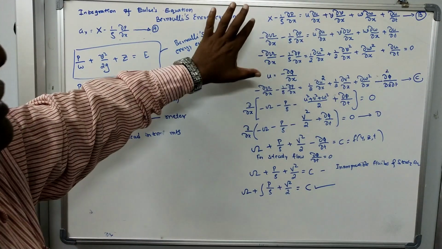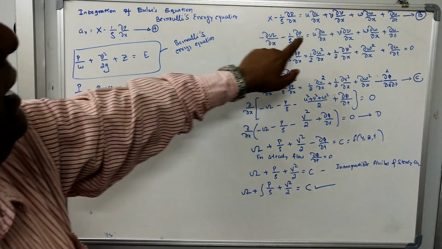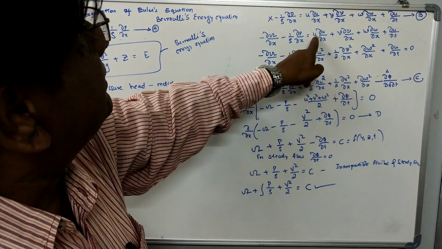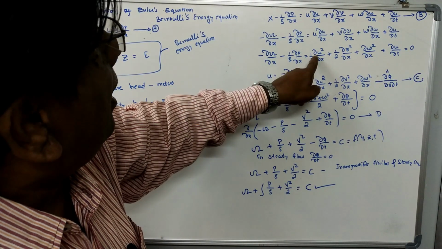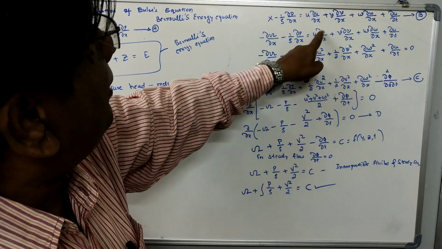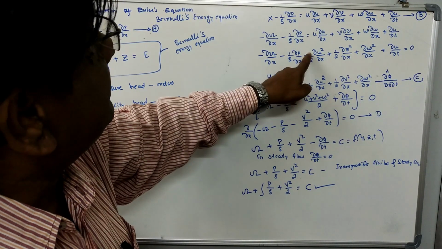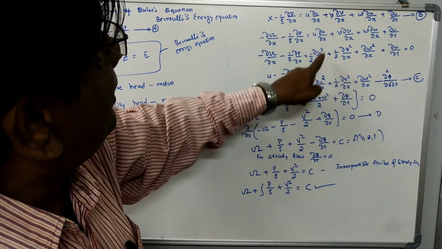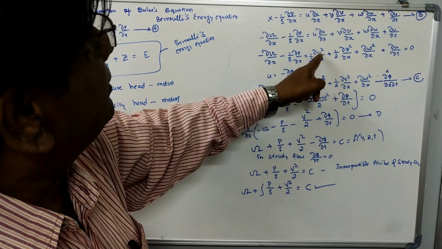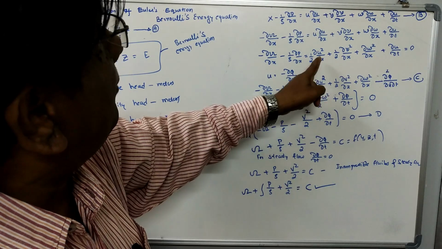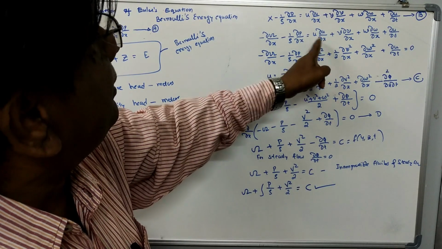Now here I have again taken this u inside the differential term, so the same term u ∂u/∂x I have written as half ∂u²/∂x. After differentiating this, you get 2u ∂u/∂x, the 2 cancels, so ultimately you are getting the same.